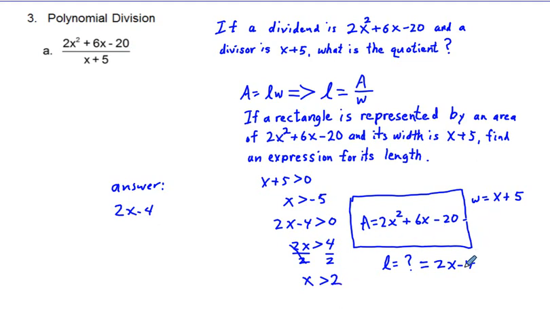So x has to be greater than negative 5, but also x has to be greater than 2. And so that's going to rule our situation here. So our condition in this particular instance is going to be x is greater than 2, because otherwise the answer would not make sense. So we have to look at these things, real world situations.